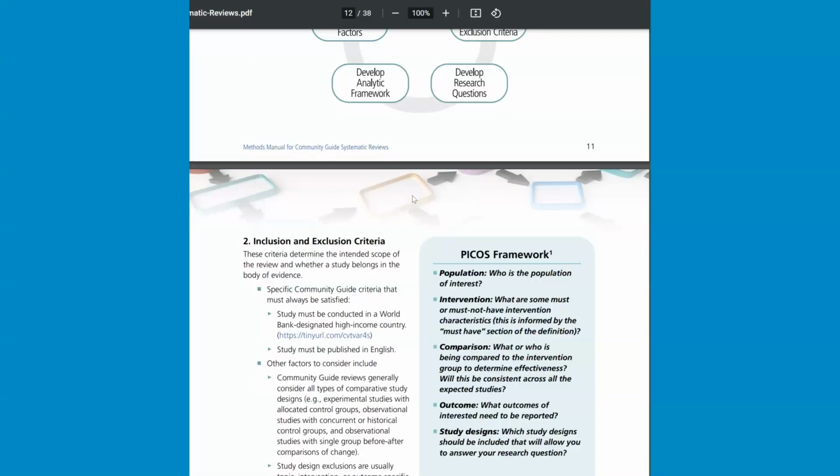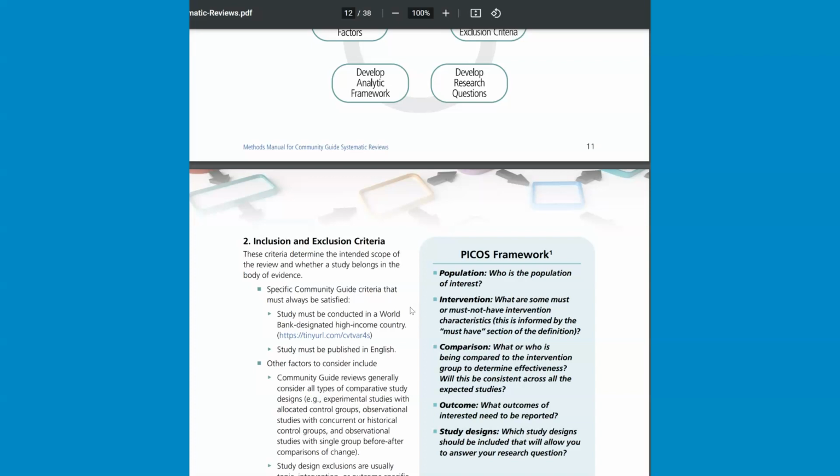Now in this portion of step 4, we get into understanding how to determine the inclusion and exclusion criteria. The first thing is pretty simple to figure out. If the intervention that you're creating has to be designated for a high-income country, then a World Bank designated high-income country is what you want to conduct your study and intervention for.